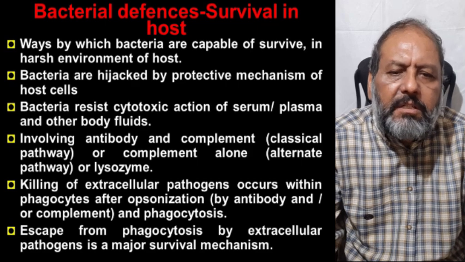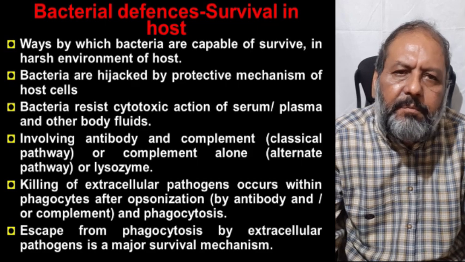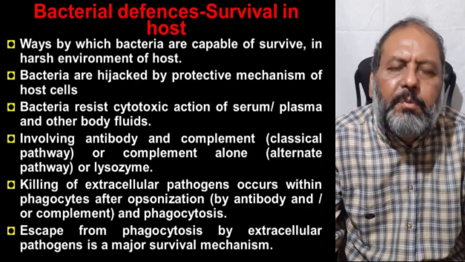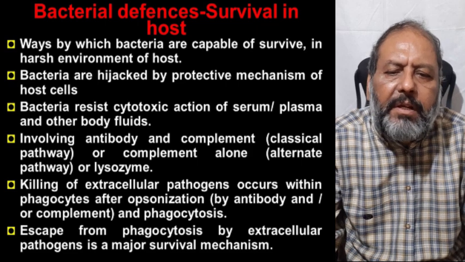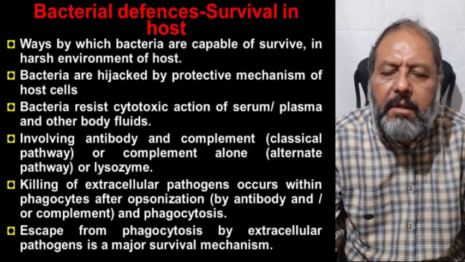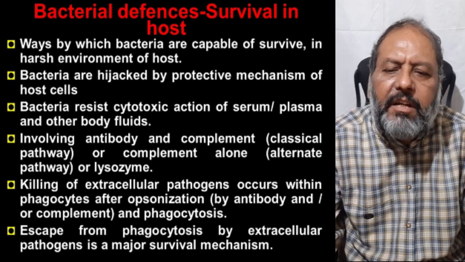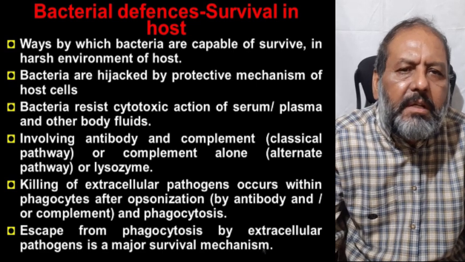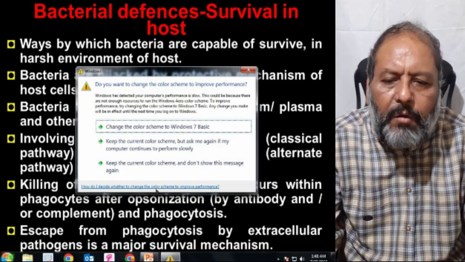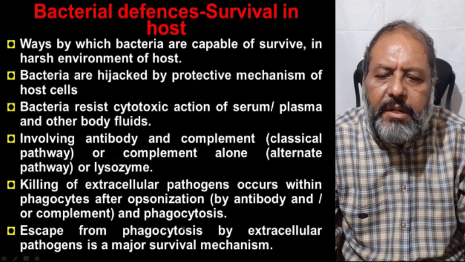Bacteria resist the cytotoxic action of the serum, plasma, and other bodily fluids, involving antibody and complement (the classical pathway), or the complement alone (the alternate pathway), or the lysosome, which are all capable of killing bacteria.